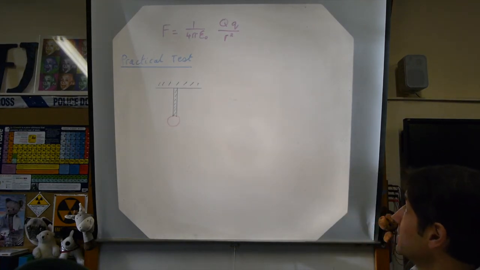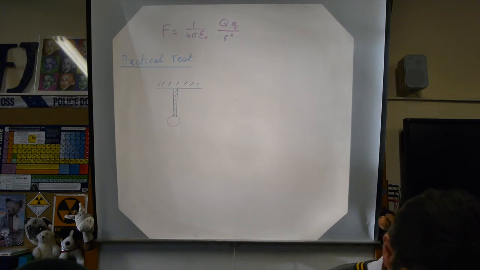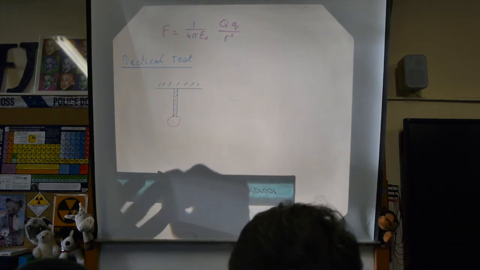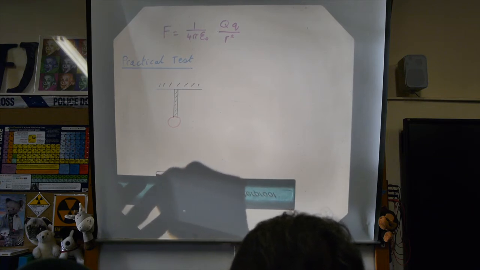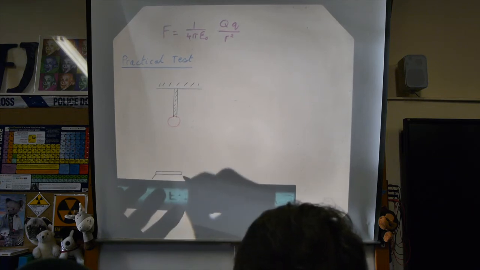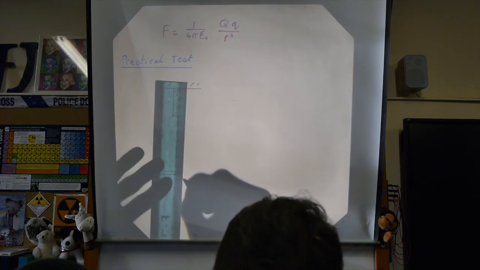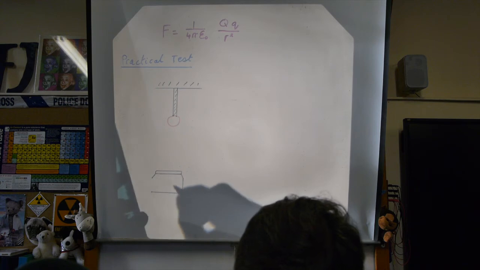Okay, so what we'll do next is we'll get a balance, a laboratory balance. So I'll draw that down here. So there's the top pan of the balance. And here's the sort of structure of it. Don't you wish I'd drawn this earlier?